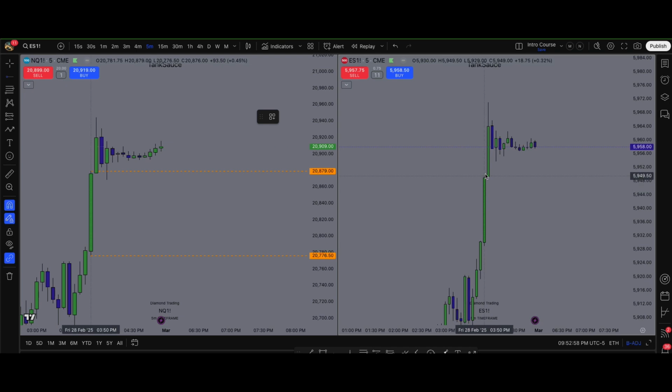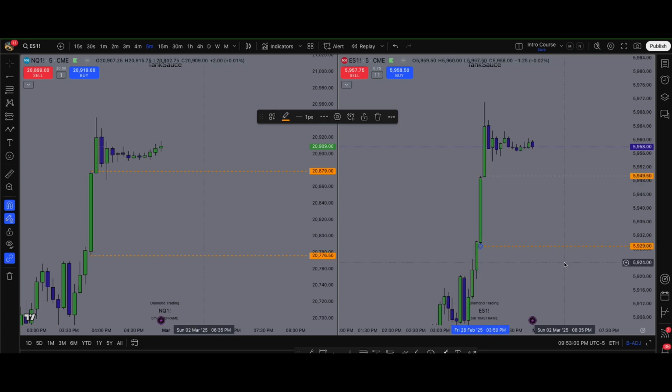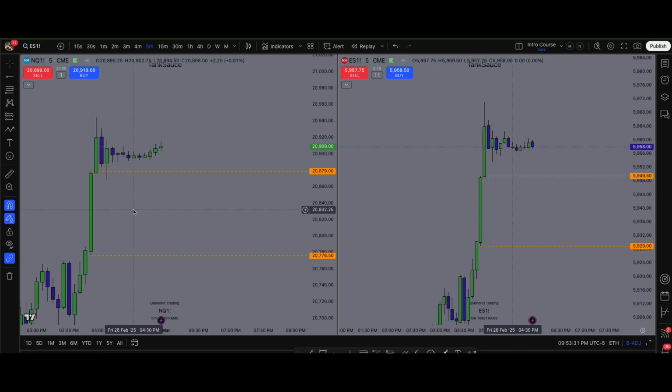This same candle on ES only moved 20.5 points, right? 1 point has 4 ticks, so that means there are 82 ticks on ES. And if each tick on a full size contract is worth $12.50, you make with one contract $1,000 on ES, whereas here you would make over $2,000 with NQ.